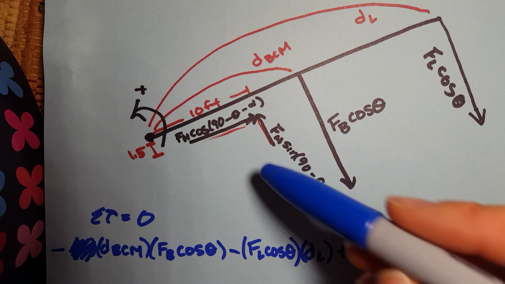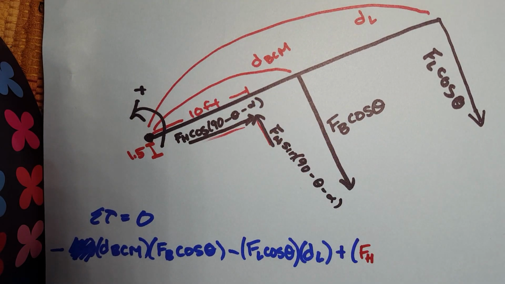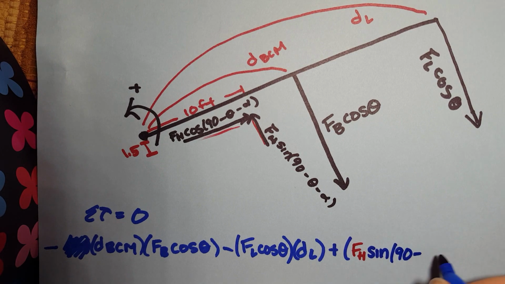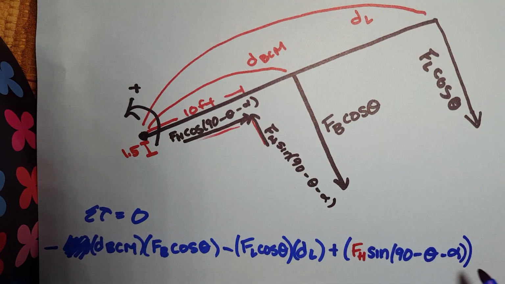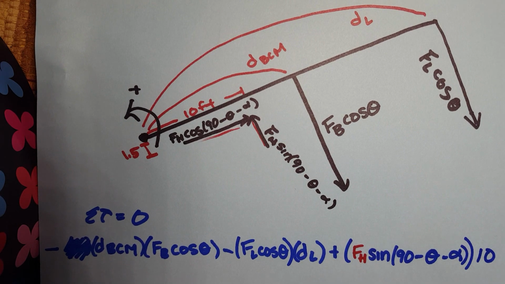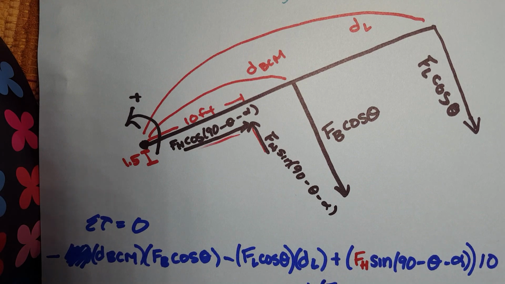So I'm going to start with this force right here. We have FH times sine of 90 minus theta minus alpha times the distance of 10. And then we also have plus FH. Oh, I forgot, that's supposed to be red. My bad.